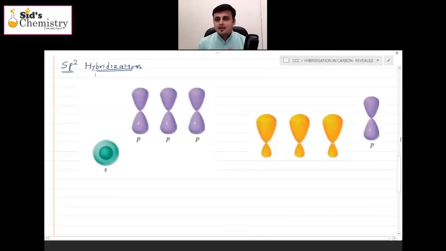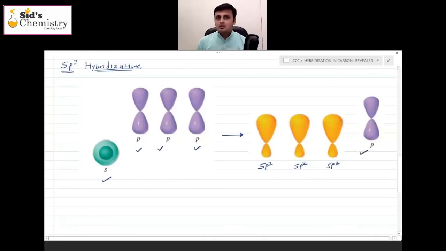Now we will understand sp2 hybridization. In this case, you can see that one s orbital and three p orbitals are initially available. When sp2 hybridization happens, one s orbital and two p orbitals combine to form newly developed sp2 hybridized orbitals, and they are three in number. The newly developed yellow orbitals are sp2 hybridized orbitals, and one p orbital remains unhybridized.